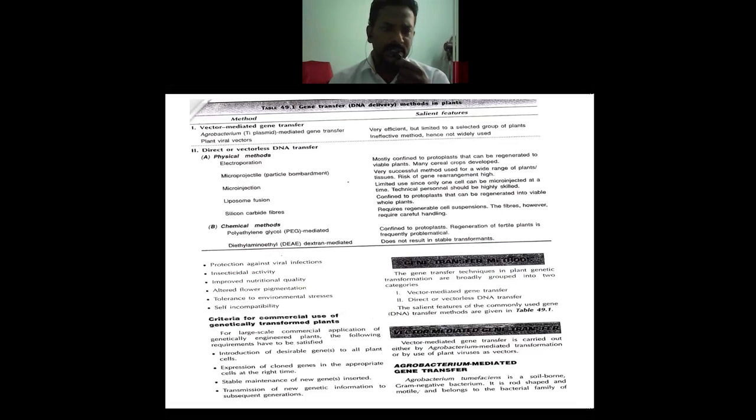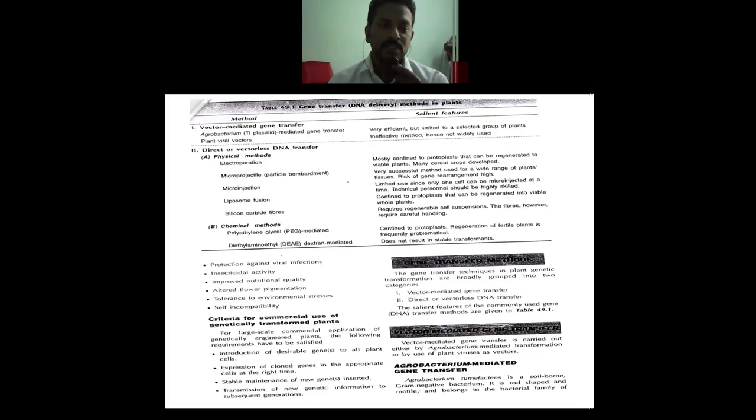And the second method is the direct or vectorless DNA transfer methods. There are two different types of methods in this category. One is physical method, another one is chemical method. The physical methods are electroporation, microprojectile, particle bombardment, microinjection, liposome fusion, and silicon carbide fibers.